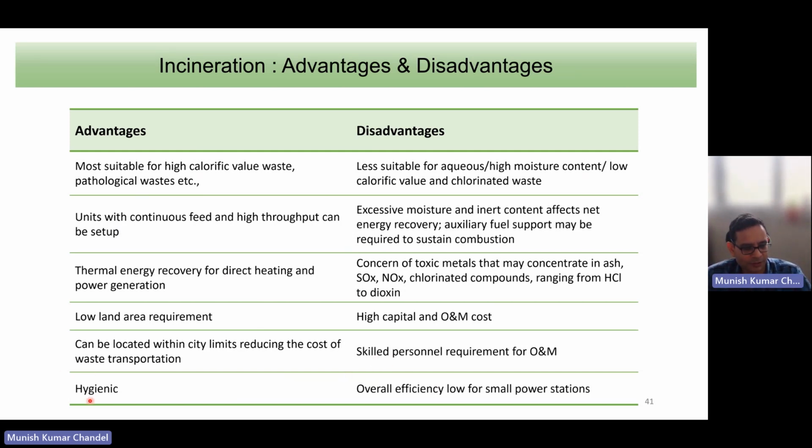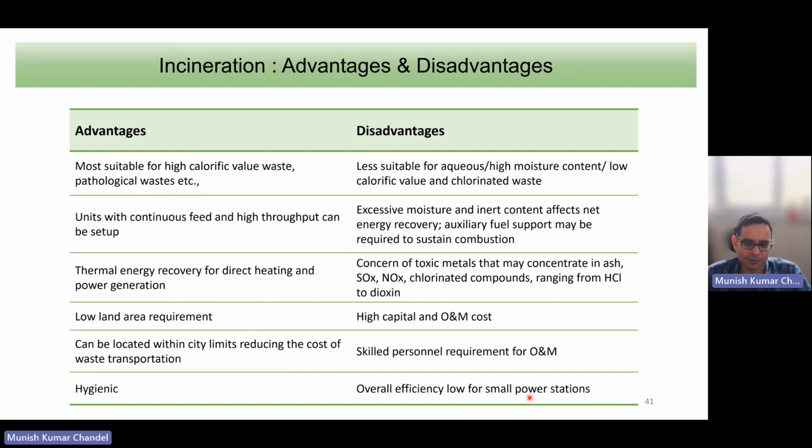It's hygienic. What is the meaning of hygienic here? Many components of municipal solid waste can contain pathogens and other bacteria. But once you do the combustion at 900 degrees centigrade, there won't be any issue with respect to pathogens and bacteria, because they all will be gone. And overall efficiency is low for small power stations.